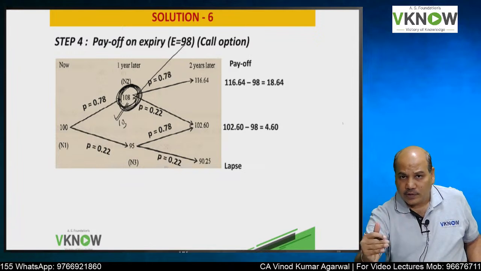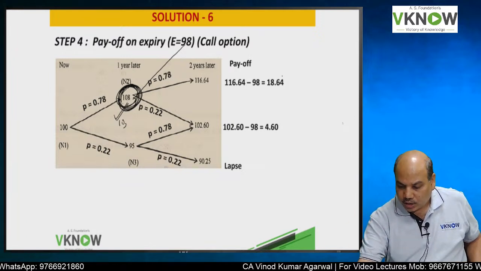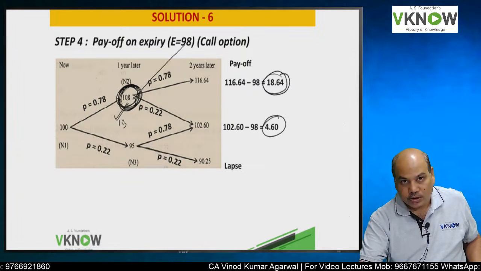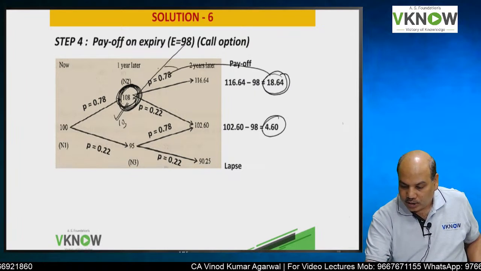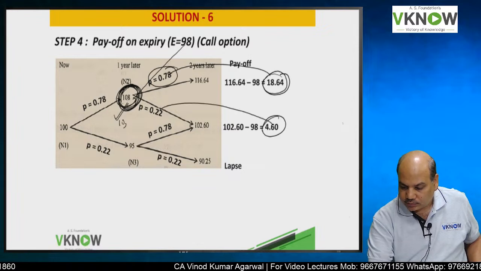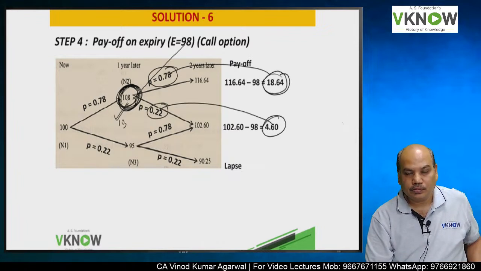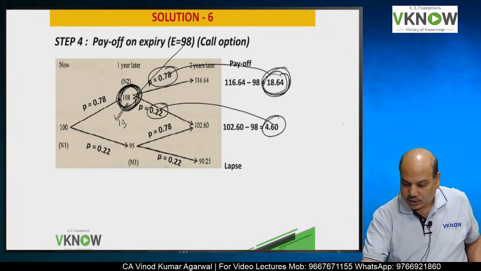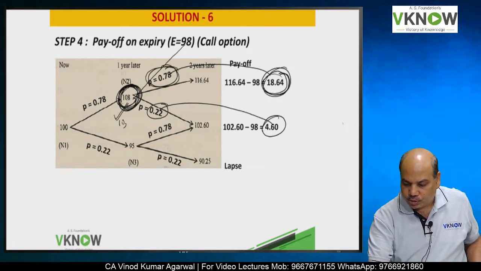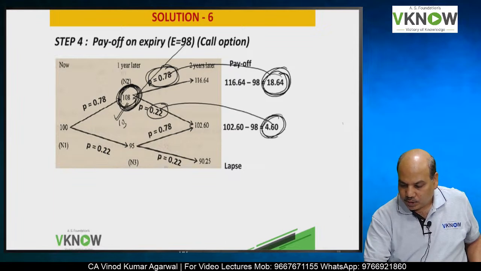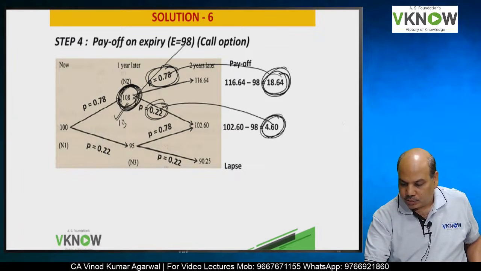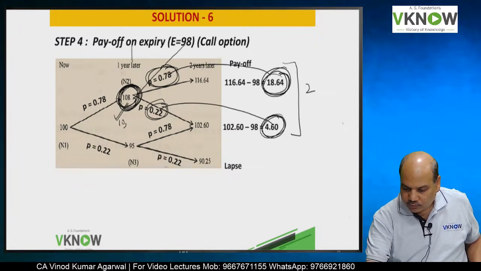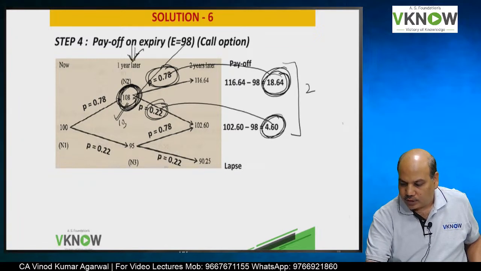But if I exercise after 2 years, I will get either 18.64 or 4.60 with a probability of 0.78 and 0.22. So if I wait till the end of 2 years, the answer is 18.64 into 0.78 plus 4.60 into 0.22. But this value is after 2 years and we are comparing it with one value of 1 year.